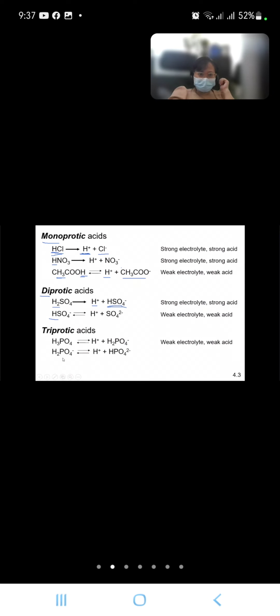So if one of the hydrogen ions is ionized from this, ang mabilin is hydrogen phosphate or HPO4 negative 2. Now this is also a weak acid, therefore it is a weak electrolyte.